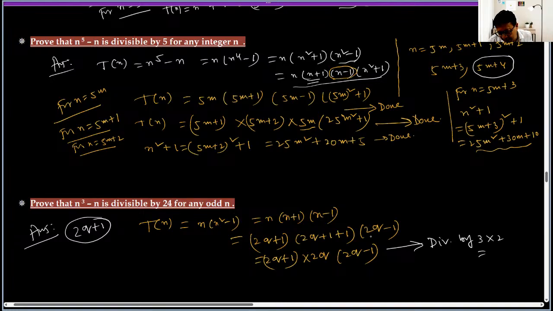Am I correct? That is 6. 6 is confirmed. But what about the remaining factor? That 4 you have to get. Where will you get? Divisibility by 2 only will not tell you the answer. This part is confirmed divisible by 6.